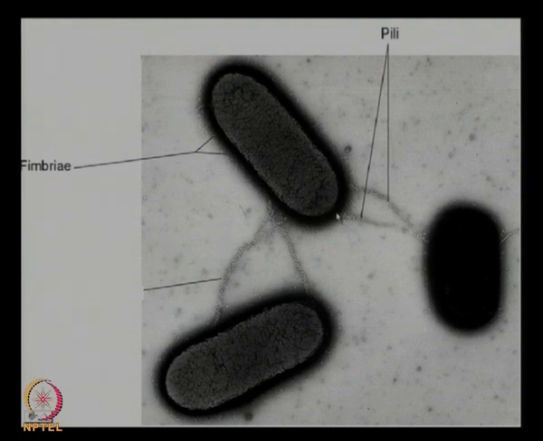This pilin is donating partly the genetic material from the donor cell to the recipient cell, and in this way the genetic material is getting transferred. This is the major function of pilin.